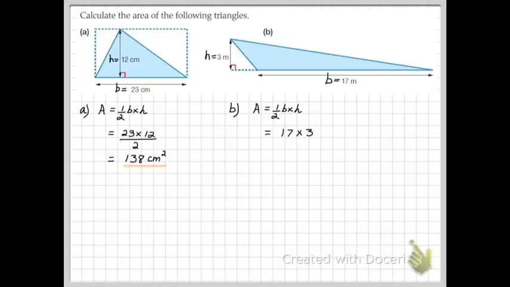In place of B we write 17, in place of h we write 3, and we divide that by 2. And using your calculator, you'll easily see that area is 25.5, and because the lengths were in metres, the area is in metres squared.